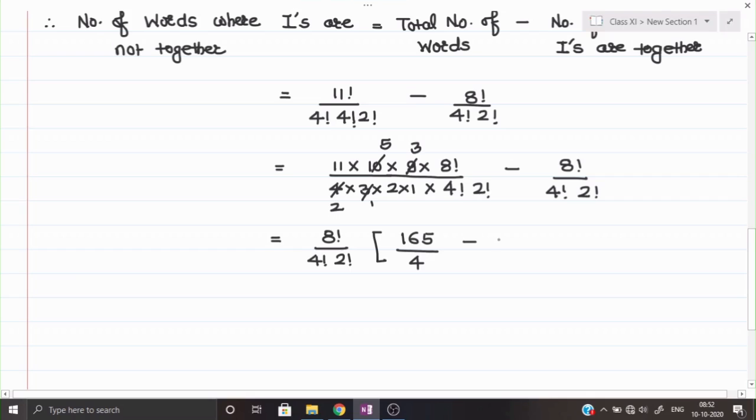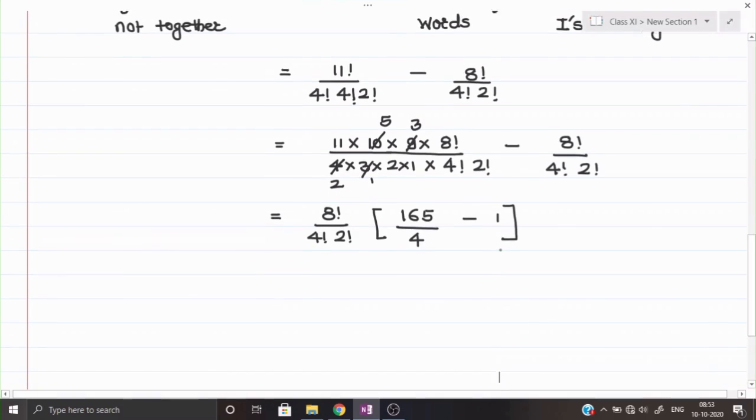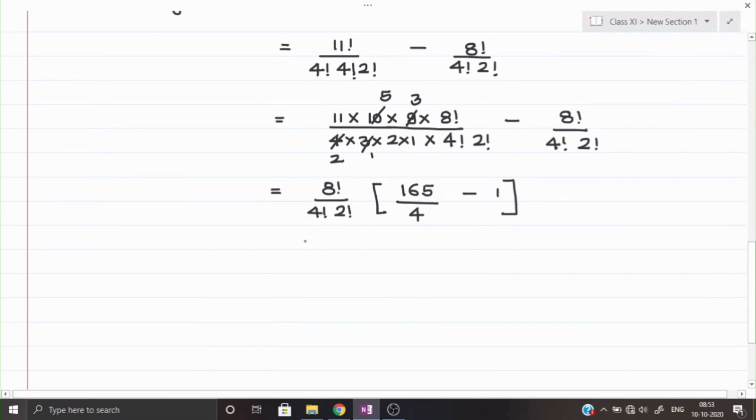Okay, and then minus 1 will remain because at the second place the whole 8, 4 and 2 we have taken common, right? 11 into 15, yes, that will be 165. So now we will take the LCM over here. So factorial 8 upon factorial 4 into factorial 2 into the bracket. If we take the LCM and simplify, that will come 161 upon 4, because from 165 we shall subtract the 4.